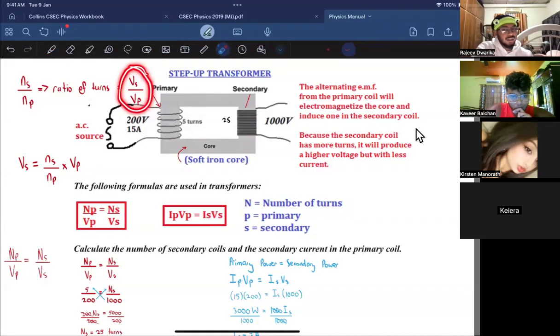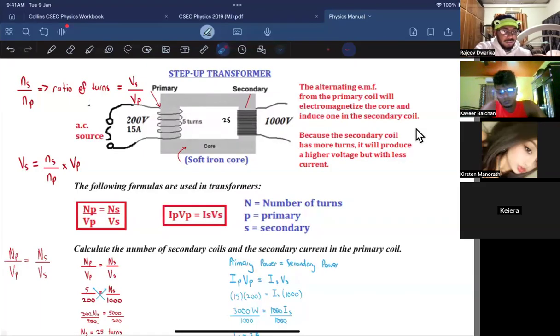Are you sure you understand that? Yeah. Okay. And Justin, we're seeing that once you have the ratio of turns, we can then use that to figure out the voltage in the primary or the voltage in the secondary, granted we have one or the other.